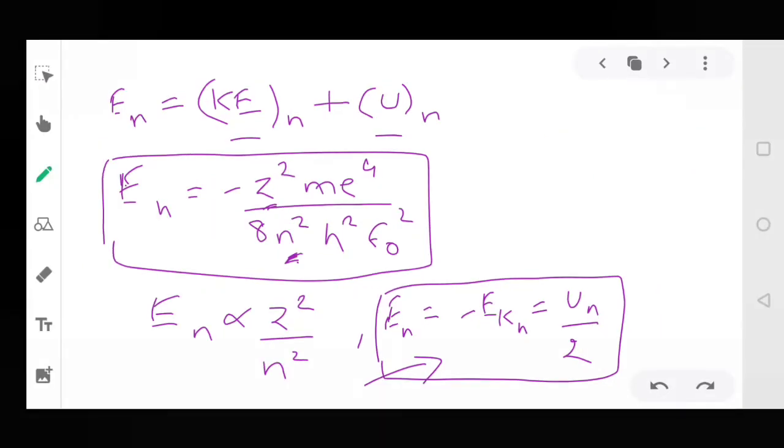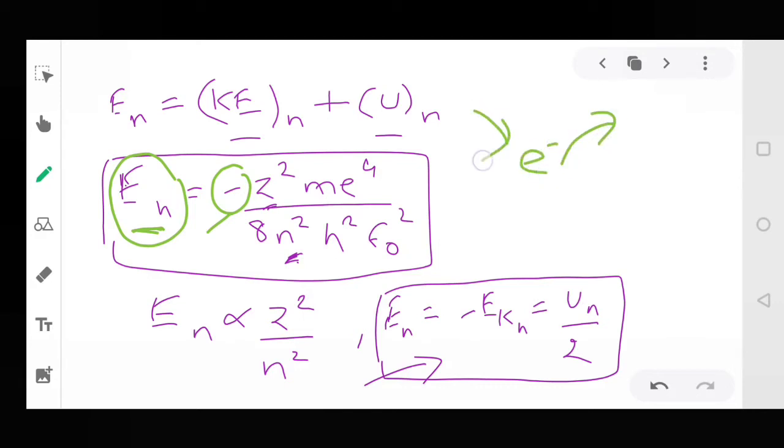Now, another thing to be observed is that the total energy of the electron in the nth orbit has a negative sign. That means it is a negative quantity. Now, the energy of the electron being negative implies that the electron is bound to the nucleus. That means extra energy will be required to remove the electron from the nucleus.